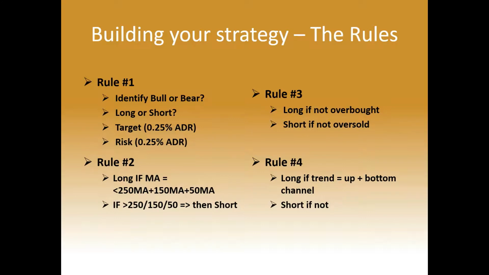Volume-wise, I don't care what you use, you have to decide that for yourself. But if you see that the market is not overbought, you still continue with your long position. However, if in the previous rule it turned into a short, now we look at the short: is it not oversold? Because then it doesn't make much sense.